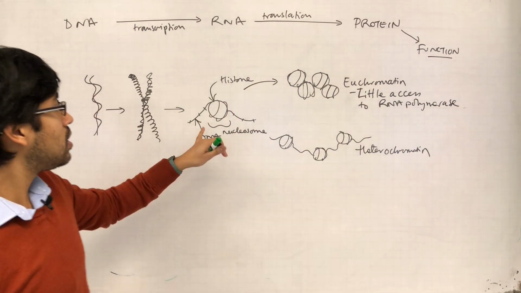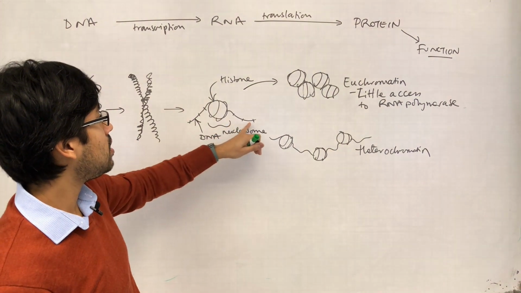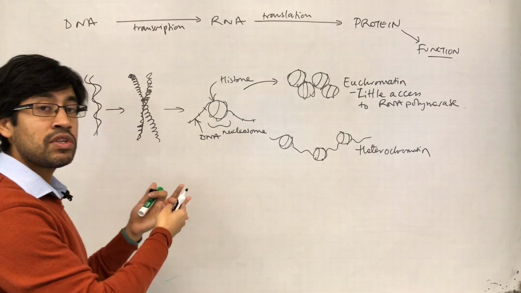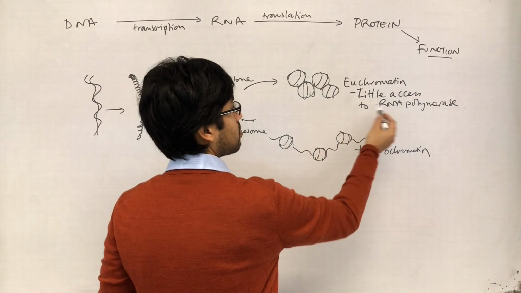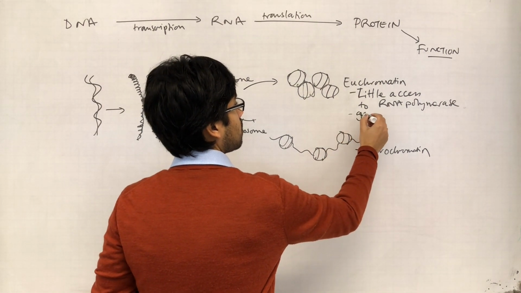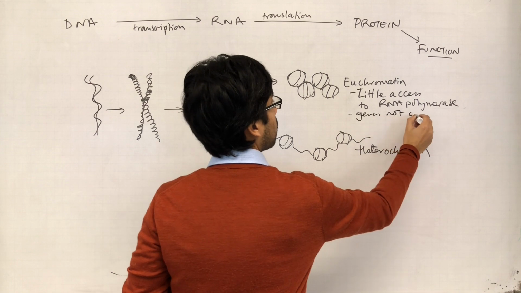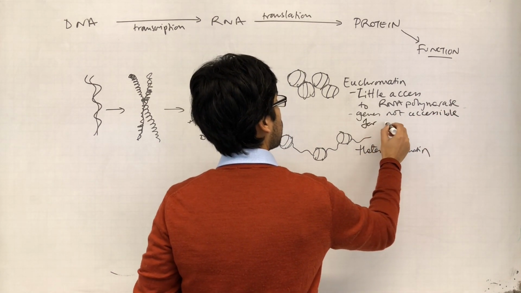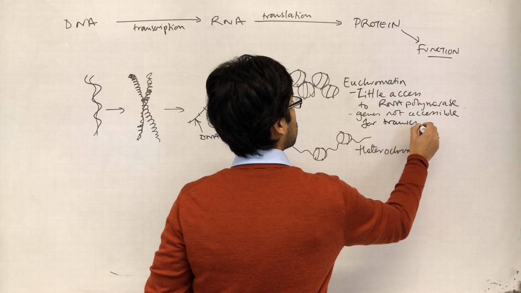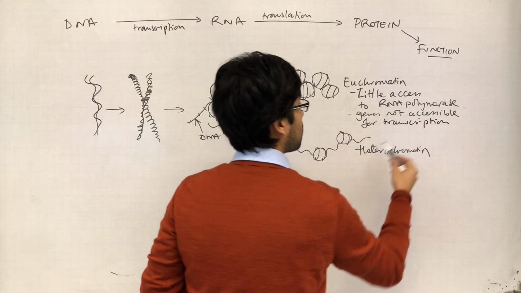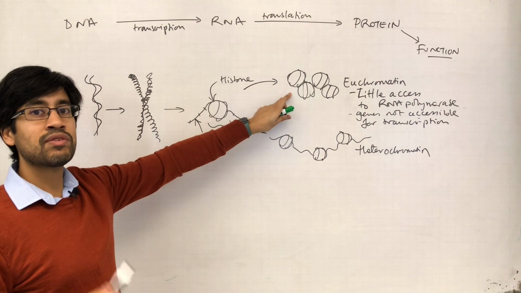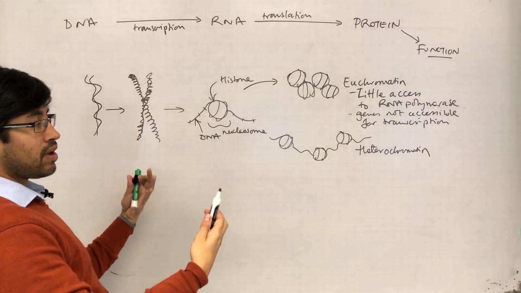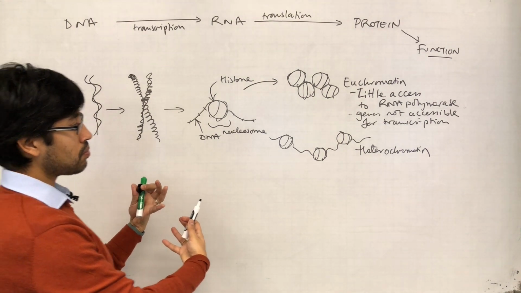There's so little free DNA that RNA polymerase cannot access any of the genes, so the genes are not accessible for transcription to occur. Transcription can't occur when DNA is so tightly wrapped around the histones and there's no free DNA for RNA polymerase to bind to.